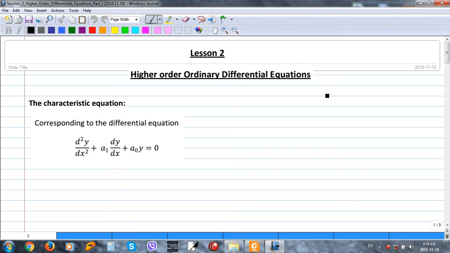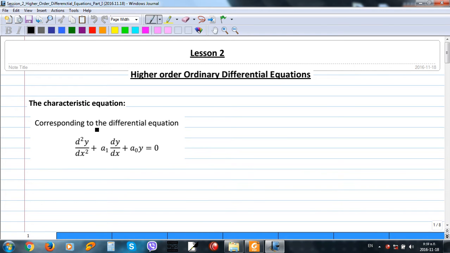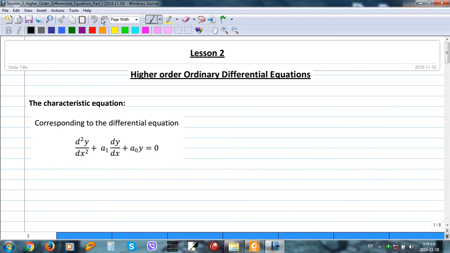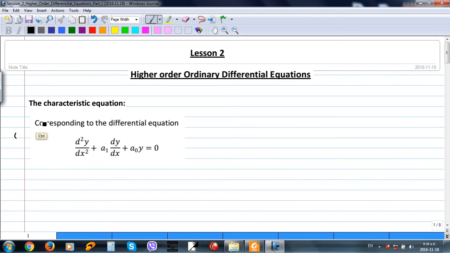When we consider the differential equation in differential form, that is d squared y over dx squared plus a1 dy by dx plus a naught y equals 0, we can write this differential equation as a characteristic equation.